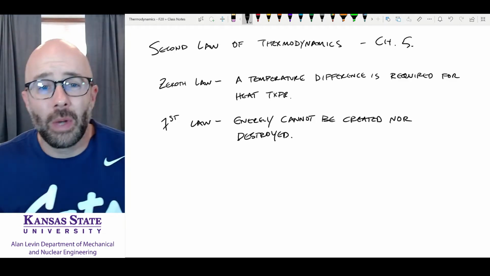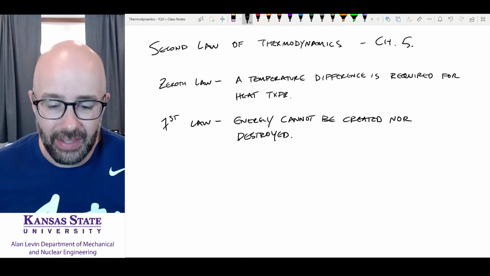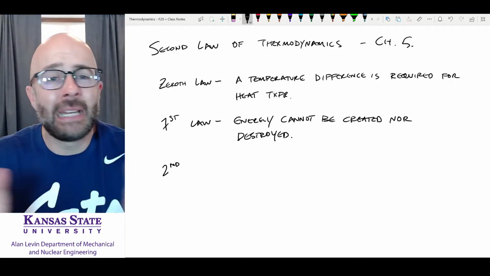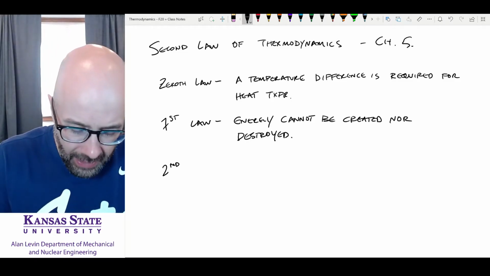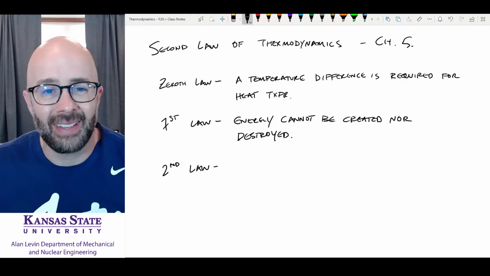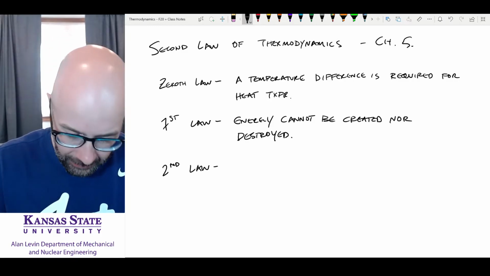Okay, and so today we are going to get to the second law, and we can say it many different ways, but the second law is going to say no process ever happens ideally.